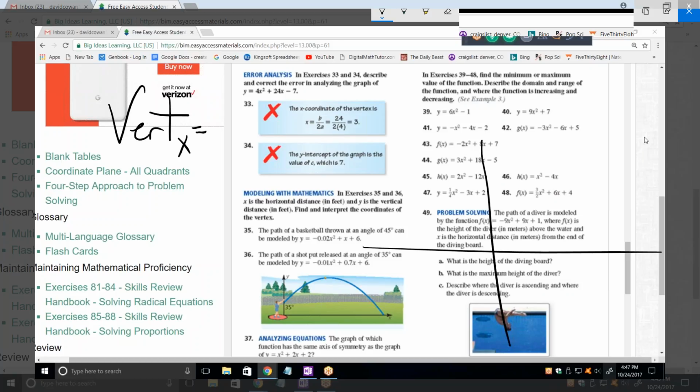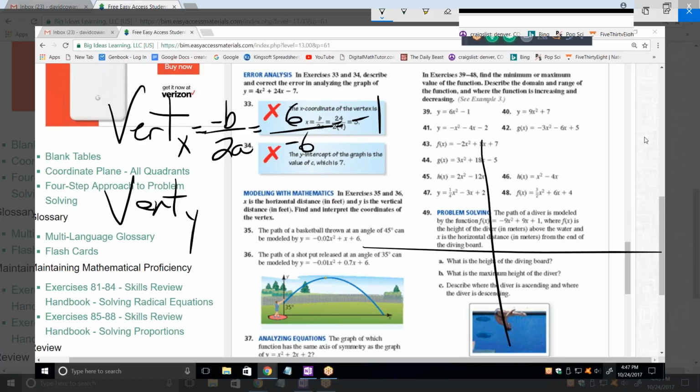What's the x-coordinate of the vertex for 42? Negative b over 2a. Okay, what's that? Negative 6 over negative 6, so negative 1. Okay, what's the y-coordinate? We need that also.